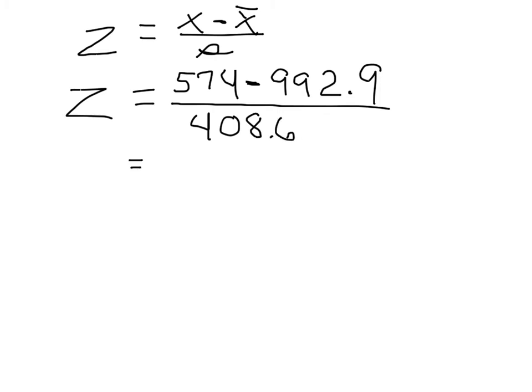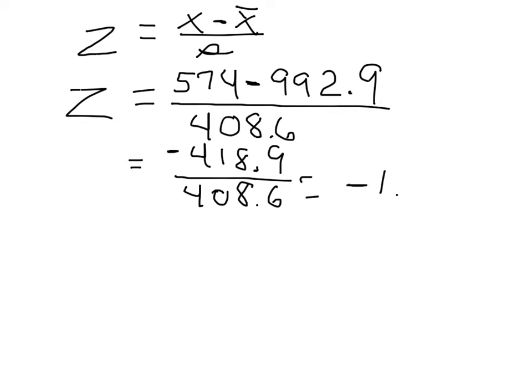And that's going to give me minus 418.9 all over 408.6. And when you work everything out, you get minus 1.025, and I just rounded it to minus 1.03. All right, pretty straightforward.